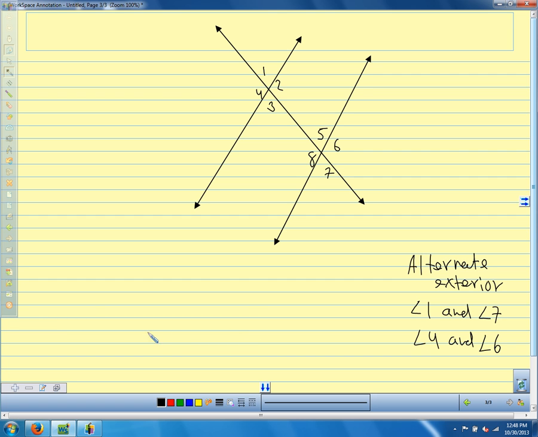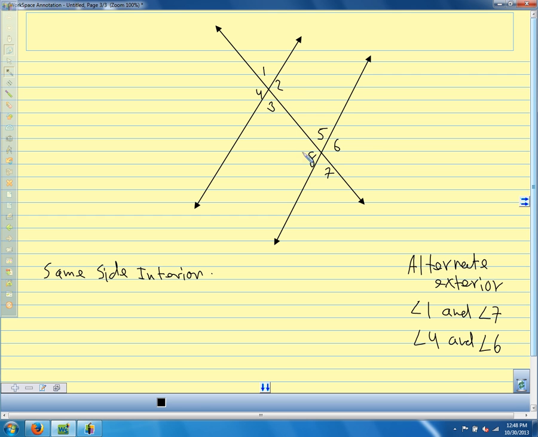And then on the bottom left, it says same side interior or consecutive interior. Well, the name explains what they are. They're on the same side of the transversal and inside the two lines.